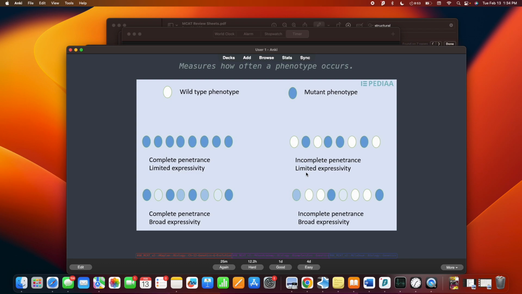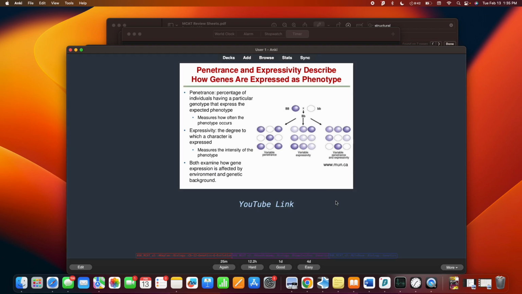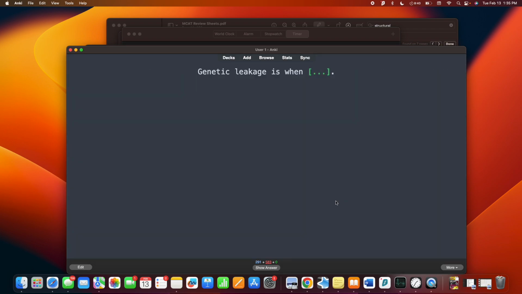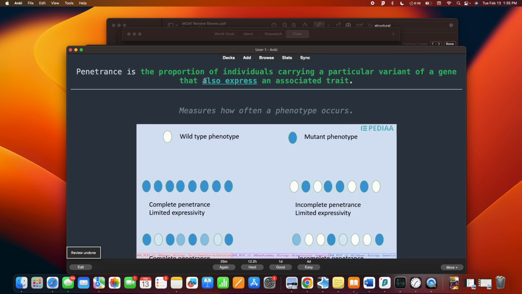With incomplete penetrance, you still have the wild type, and if the expressivity is also high, you get a degree of wild type to mutant. So the key word here is that they also express an associated trait. The proportion of those individuals that carry a particular variant of a gene also express an associated trait.